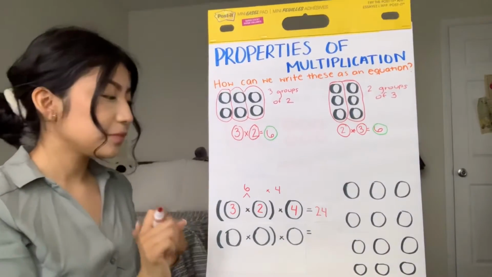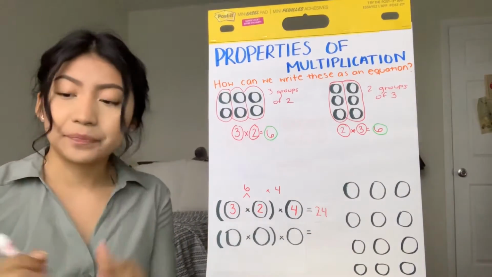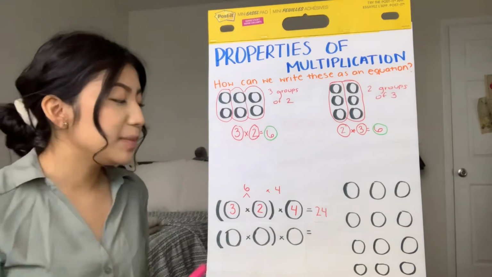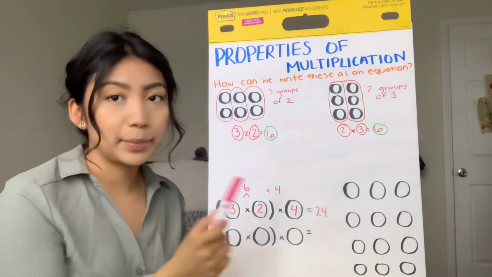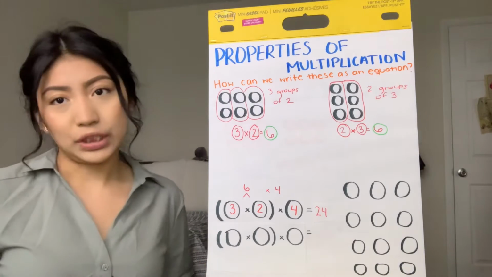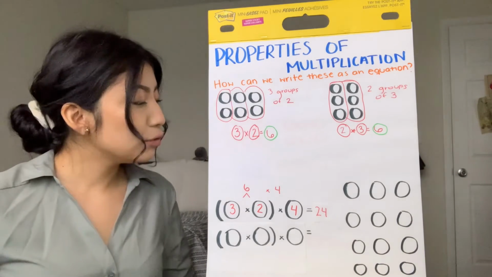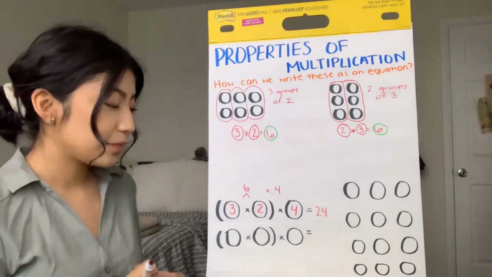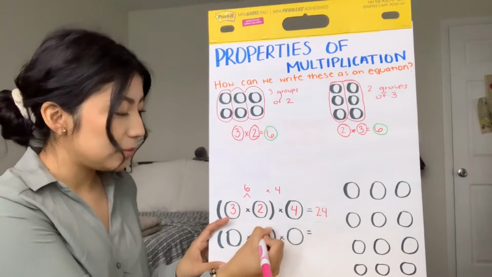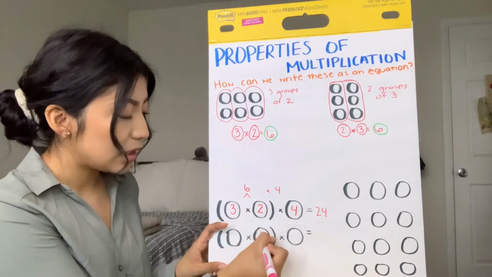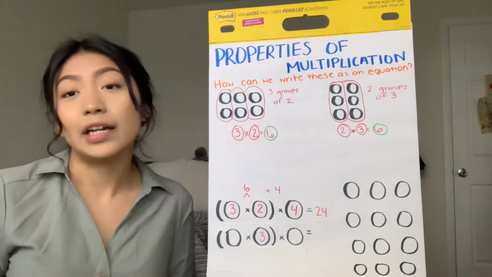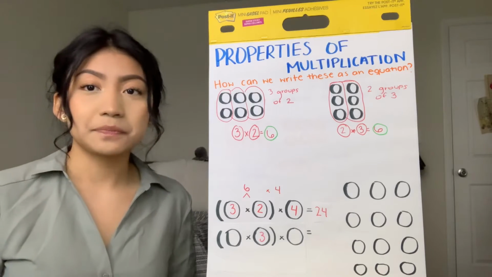Perfect. All right, so now I would like for you guys to give me the same numbers, but in a different order. All right, so let's start with, where do you want to put number 3? All right, you want to put it in the second bubble. All right, what about number 4? Remember, it doesn't matter where you put it. You can just decide where you would like it, okay?